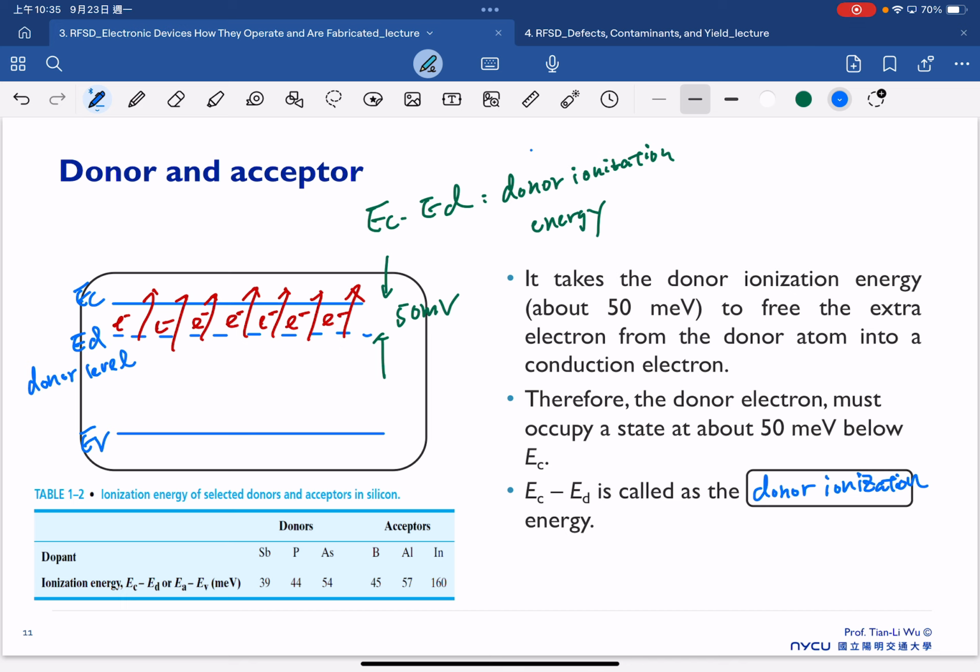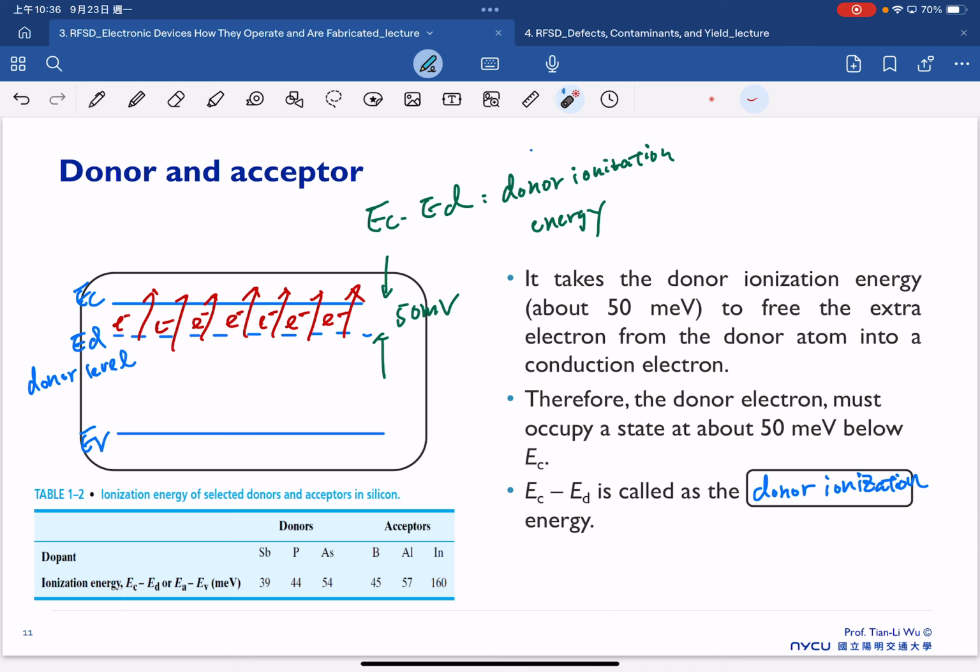So basically in the silicon world, most of us can almost ignore this donor level, because this ionization energy is very small. That means every electron in here can easily jump to the conduction band and contribute to the electron. So in the silicon world, we basically consider this donor ionization to be very small.